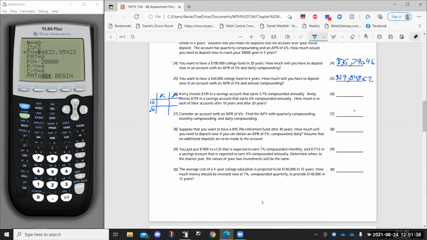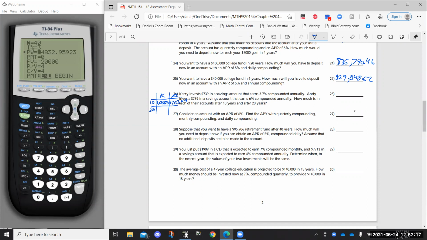Carrie and Andy, right? So Carrie, after 10 years, has $1,062.75. And Andy, after 10 years, has $1,323.44. So Andy has more after 10 years.